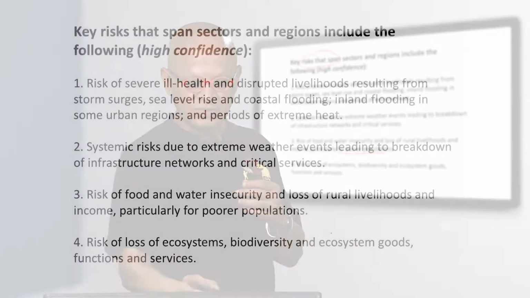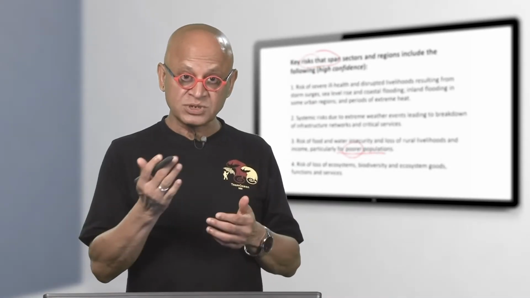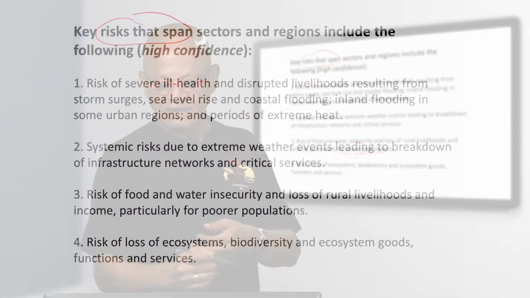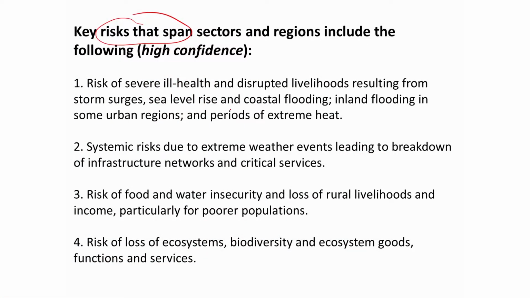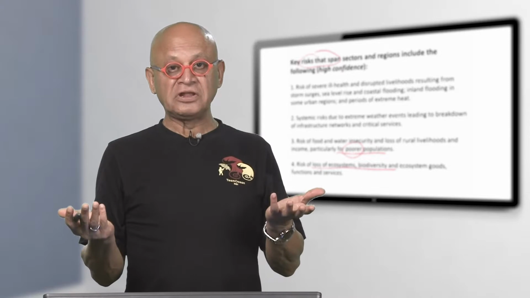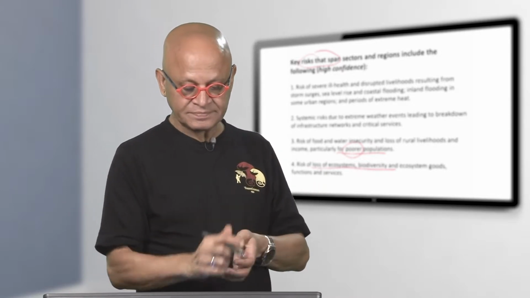So there are certain risks that are common to all of them, and that includes risk of severe ill health and disrupted livelihoods from storm surges when cyclones, typhoons, hurricanes come, and so on, sea level rise, coastal flooding, inland flooding, periods of extreme heat, and so on. So we are having large amounts of inland flooding right now over many parts of India, for example, in 2018.